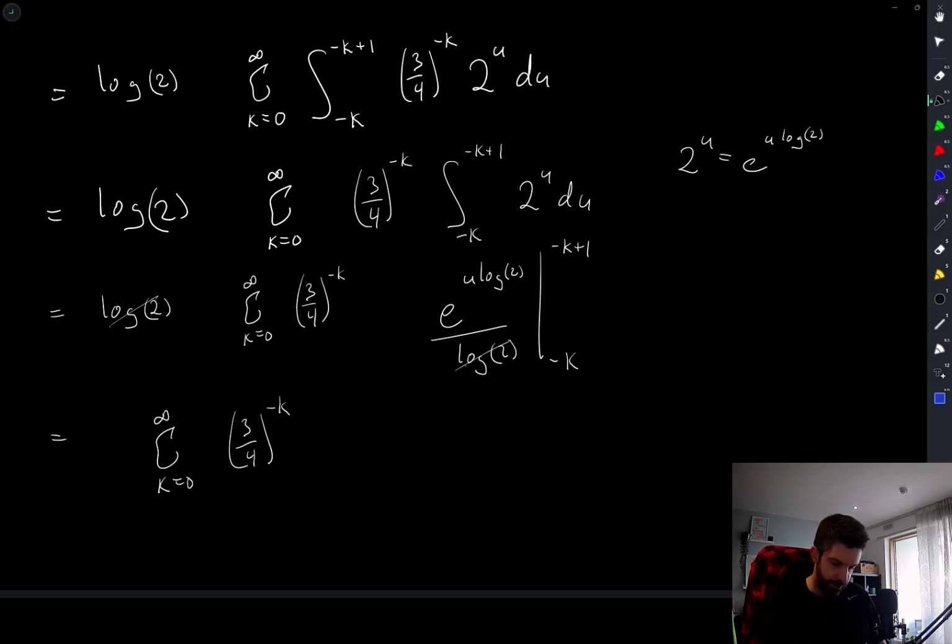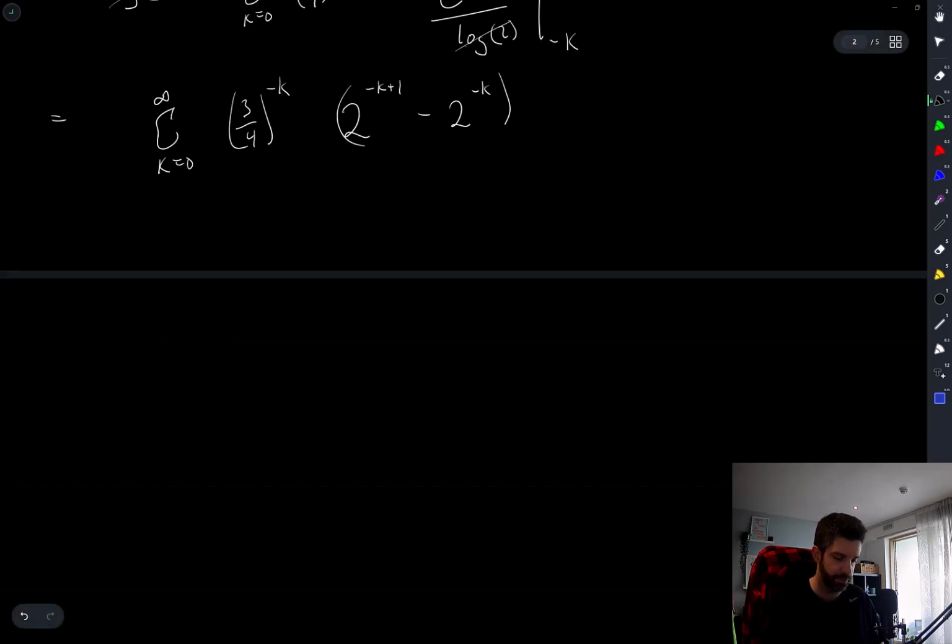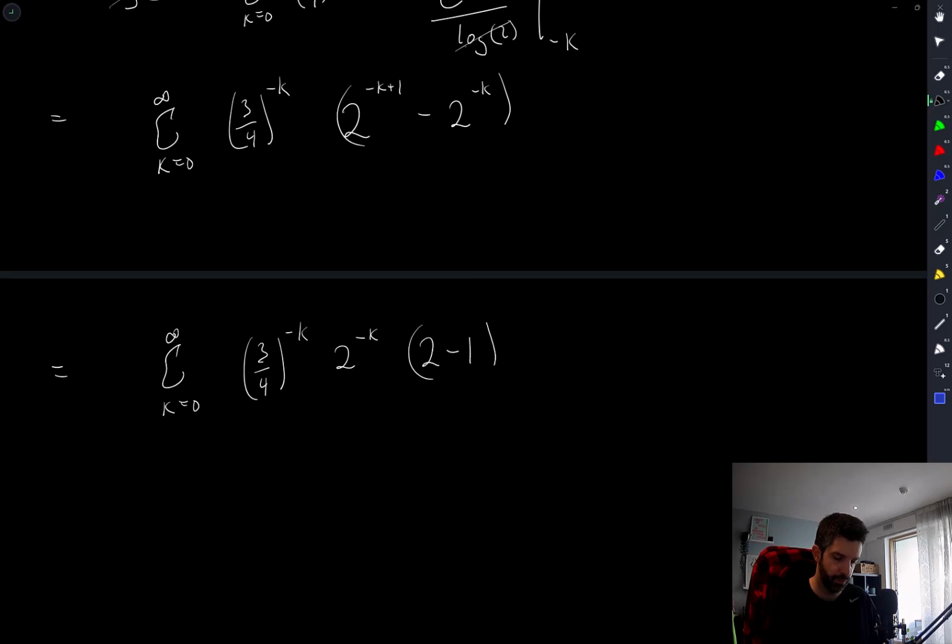And e to the u log 2, that is 2 to the u. So this is 2 to the negative k plus 1 minus 2 to the negative k. That has a simplification, I'm sure. If I factor out 2 to the negative k, I get 2 minus 1.